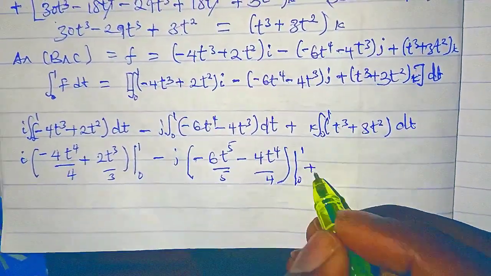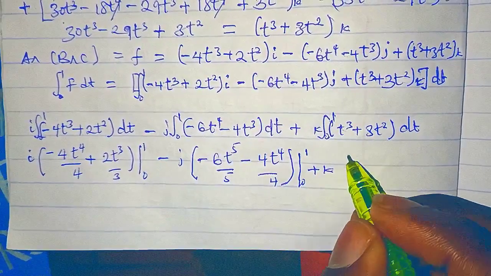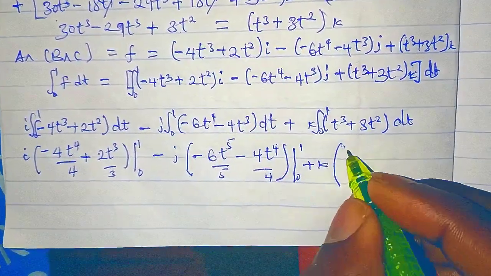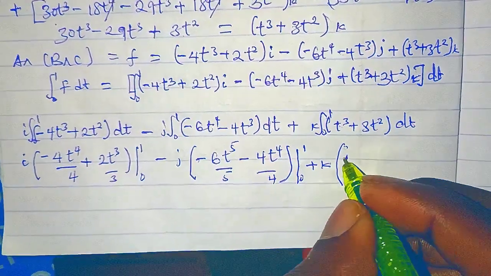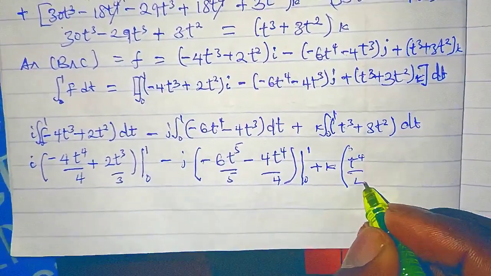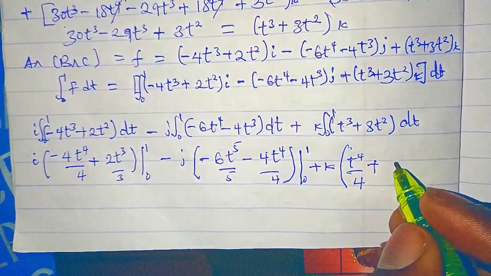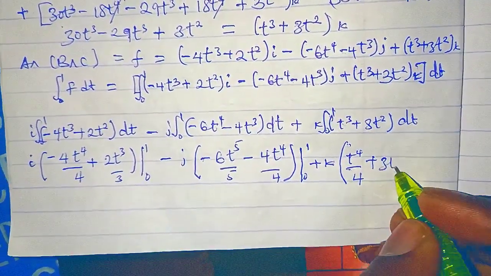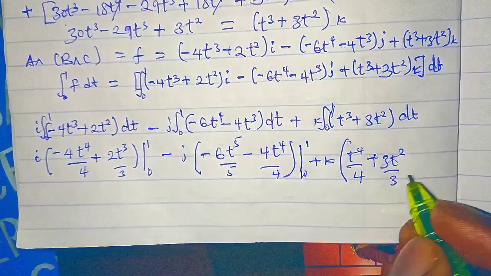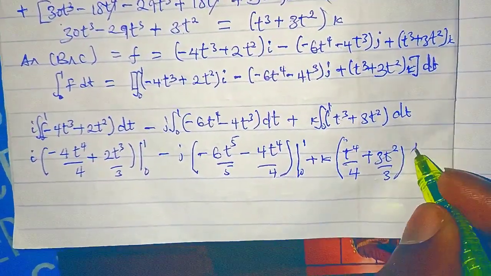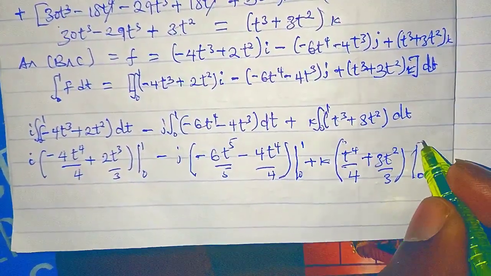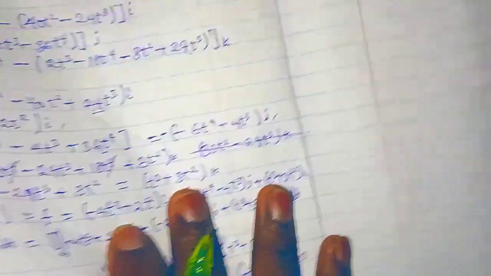And then finally for k, if we integrate t cubed, you have t to the fourth all over 4. Integrate 3t squared, you have 3t cubed all over 3. Take your limit from 0 to 1.